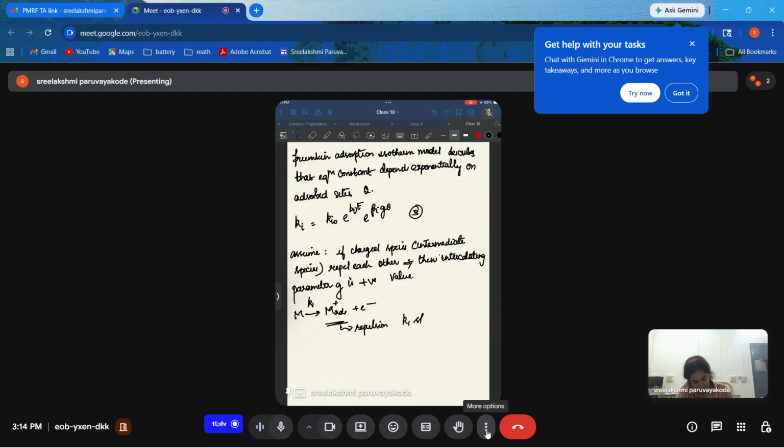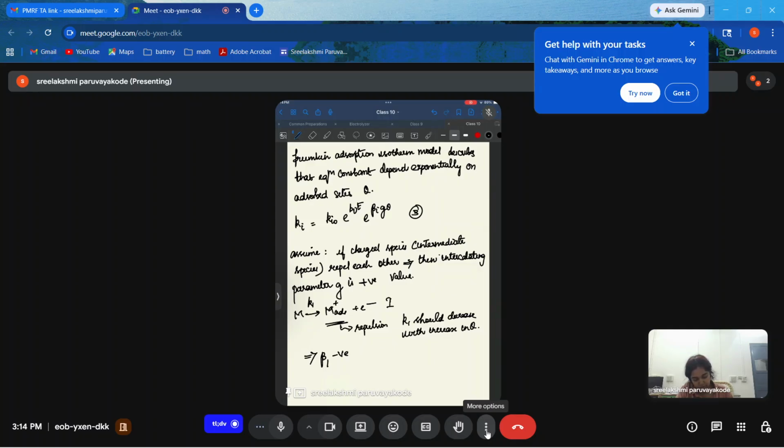K1 should decrease with increase in theta value. When theta keeps on increasing, the K1 value should decrease, so there will be repulsion. This means beta is a negative value, beta 1 for step 1.